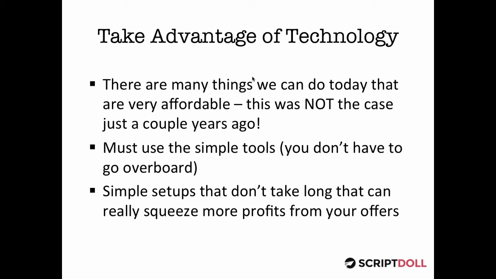So we have these simple tools in our arsenal, and we don't have to go too much overboard when it comes to these things. You'll see that more clearly as we go on.